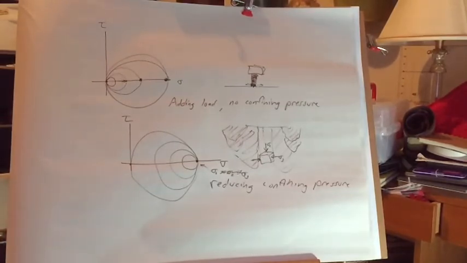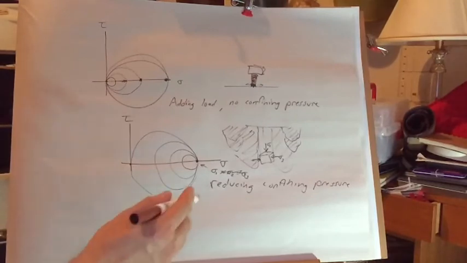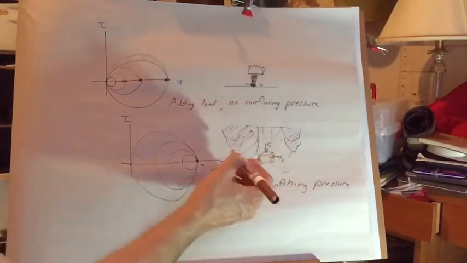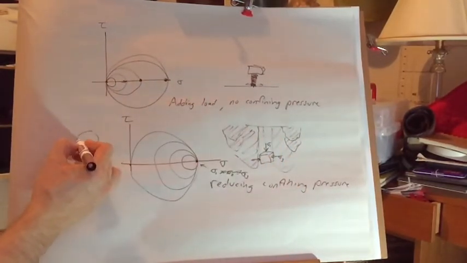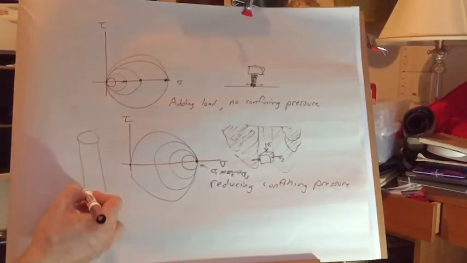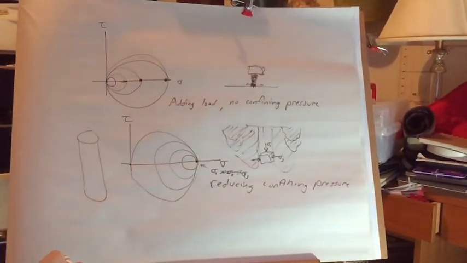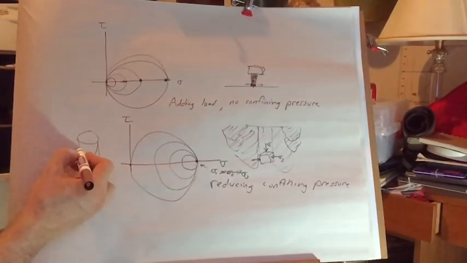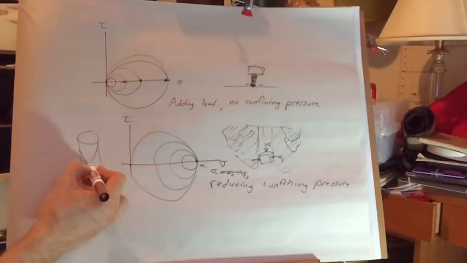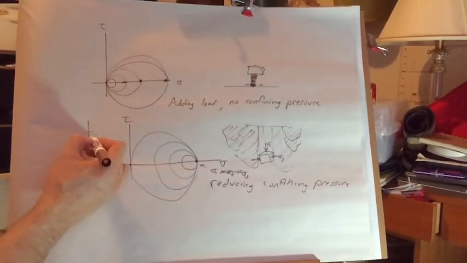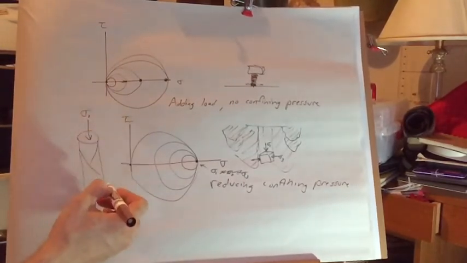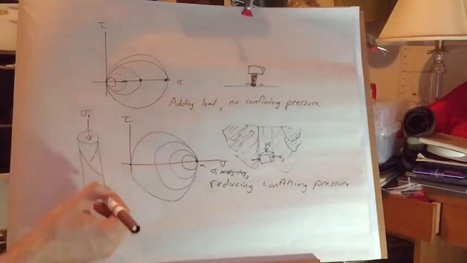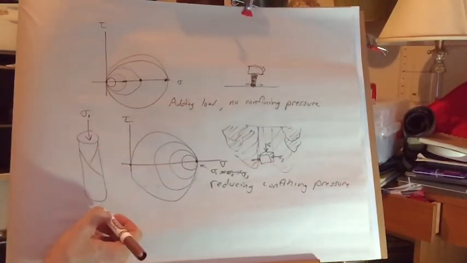So if we were to plot that column as a cylinder, it turns out that those fractures tend to be, so let's say the cylinder is subjected to sigma 1 down its axis.